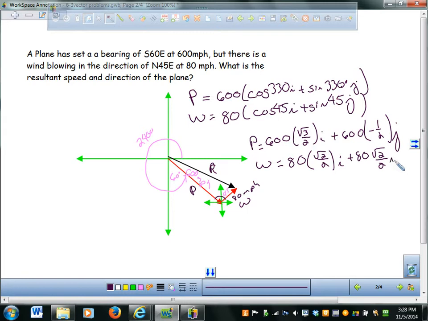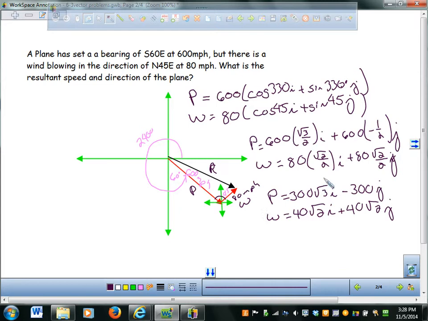Okay, and then I'm going to simplify both of these. So the plane speed is 300 root of 3 i minus 300 j. And the wind speed is 40 root of 2 i, plus, oops, that should be a j, plus 40 root of 2 j.